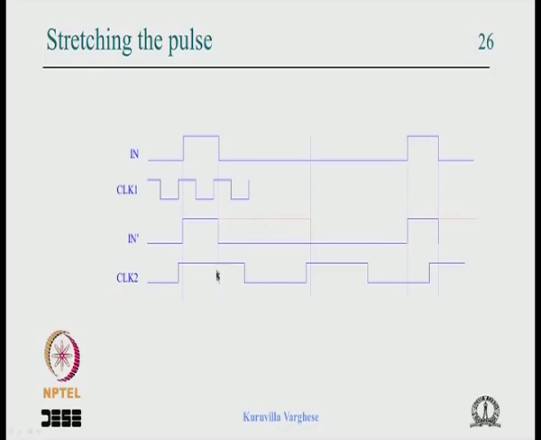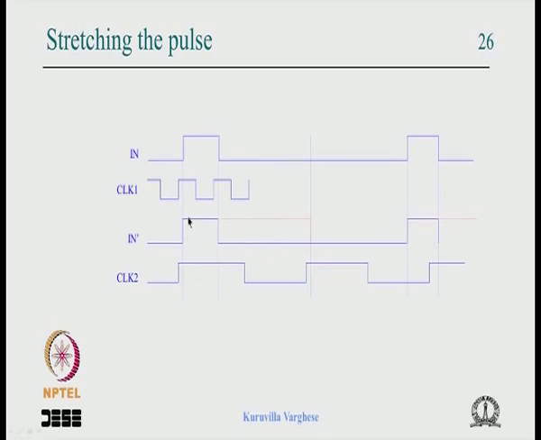it depends on the application. Suppose there is a requirement, some event has happened and this pulse has come, but the controller should respond to that event within say 50 nanoseconds, then you cannot arbitrarily stretch it.